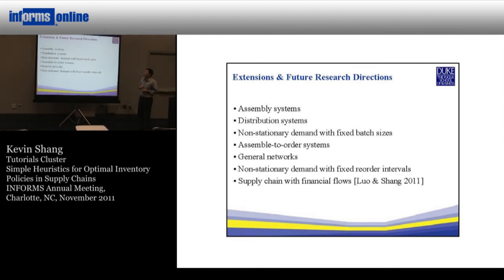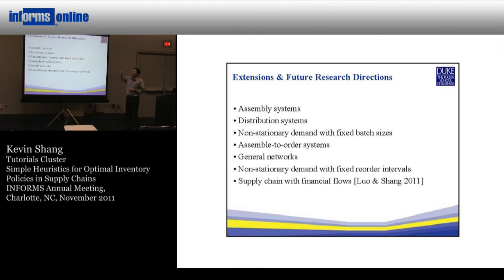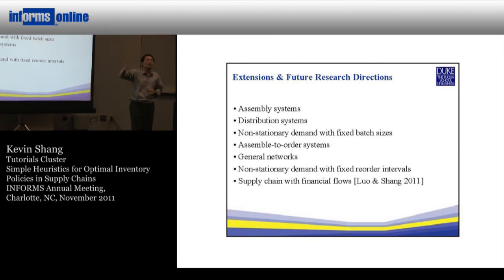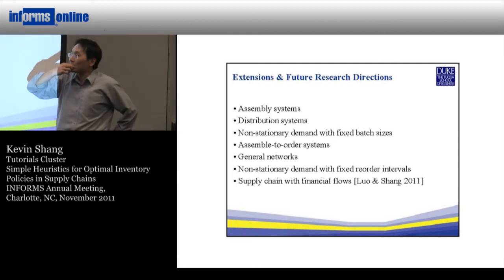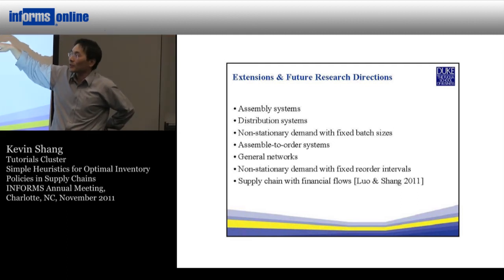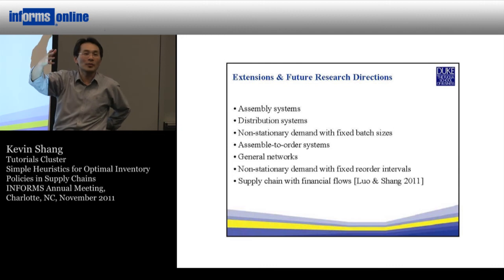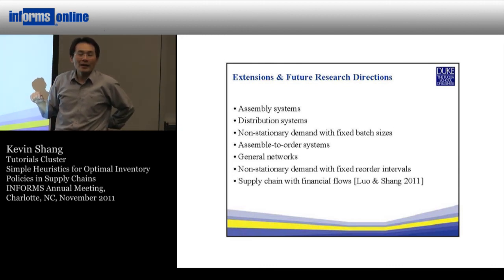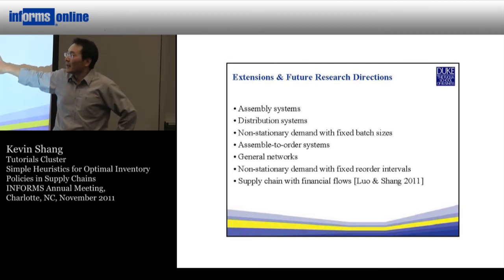And the last point: if you remember in my first slide, I said all these simple solutions, hopefully I can use to deal with more complicated problems. For that, I showed we recently have work on incorporating the financial flow into multi-echelon systems. The talk is actually at 4:30 this afternoon.